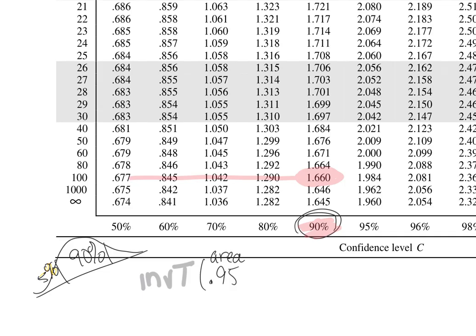And so what the calculator needs is this whole area from here up to this point to give me the correct t star. And then I could put in 308 degrees of freedom. The calculator will give me an exact value for that.